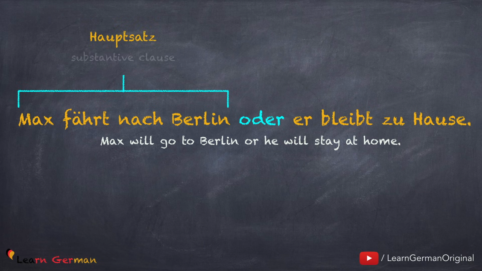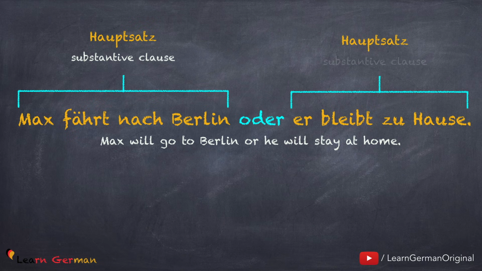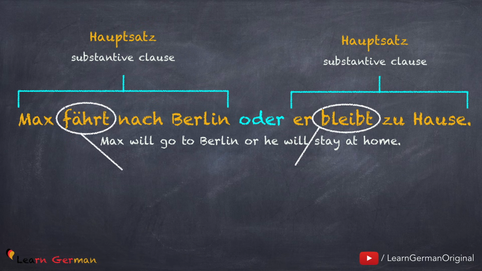As just mentioned, this big sentence is made of two sentences. Max fährt nach Berlin is a Hauptsatz and bleibt zu Hause is also a Hauptsatz. In both these sentences, the verb is in the second position. That's why they are known as Hauptsatz.